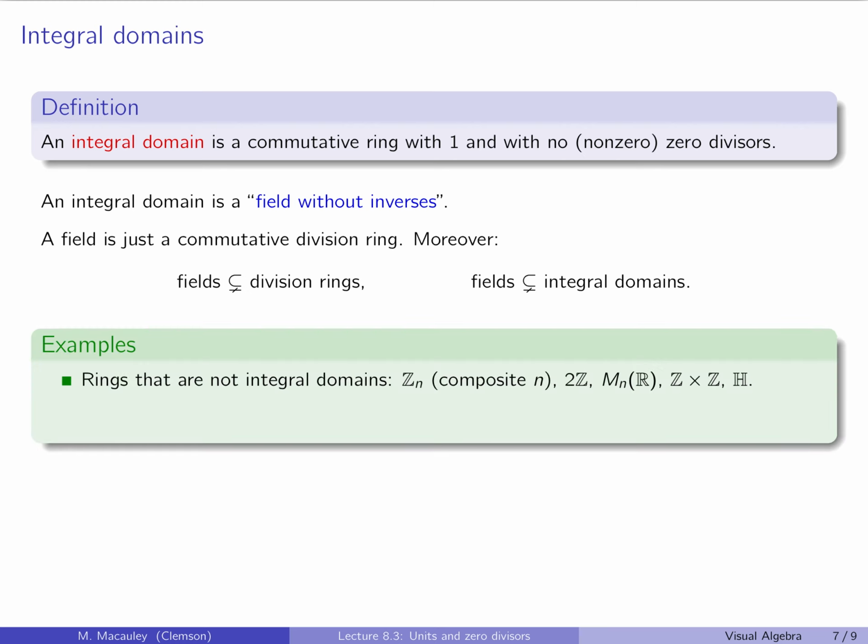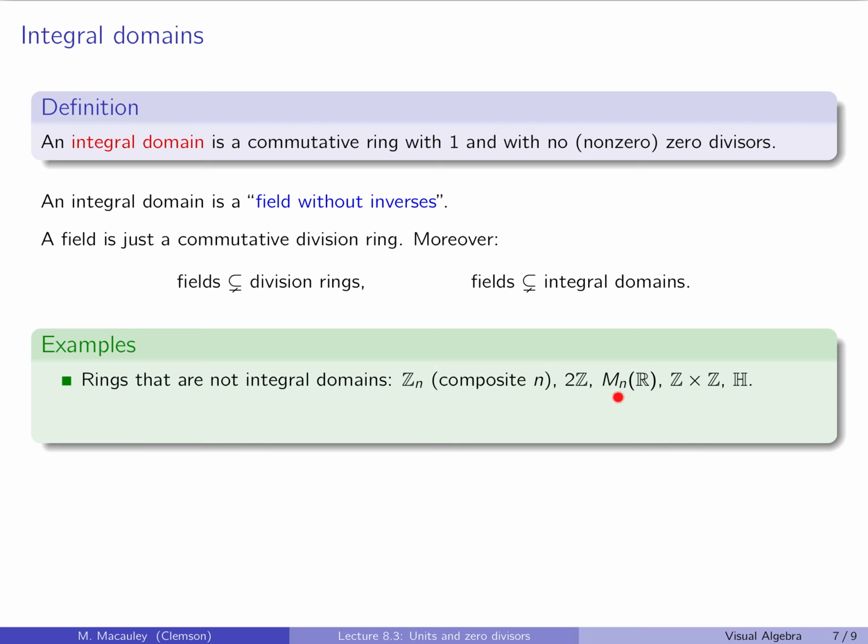Let's see some examples. First of all, some rings that are not integral domains include Z_n when n is composite, because there are zero divisors in here. The even integers, even though that's commutative and has no zero divisors other than 0, does not have unity.